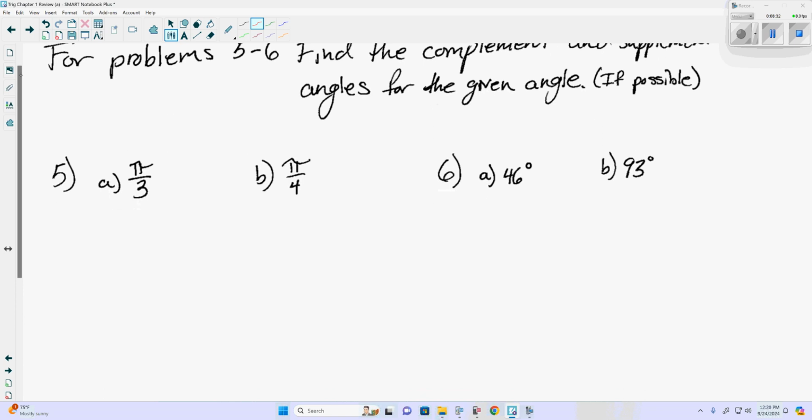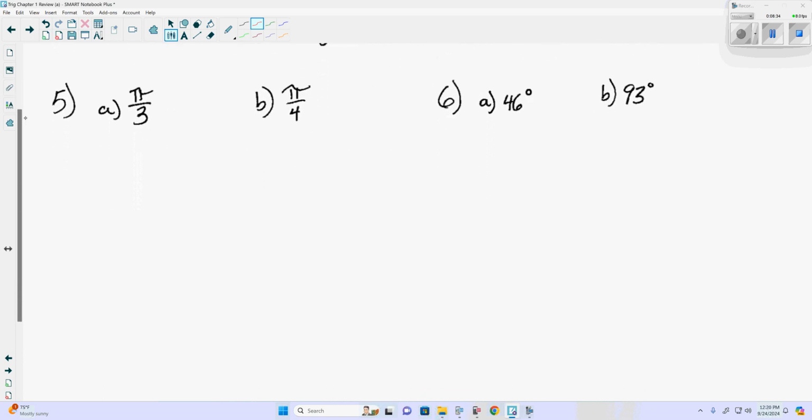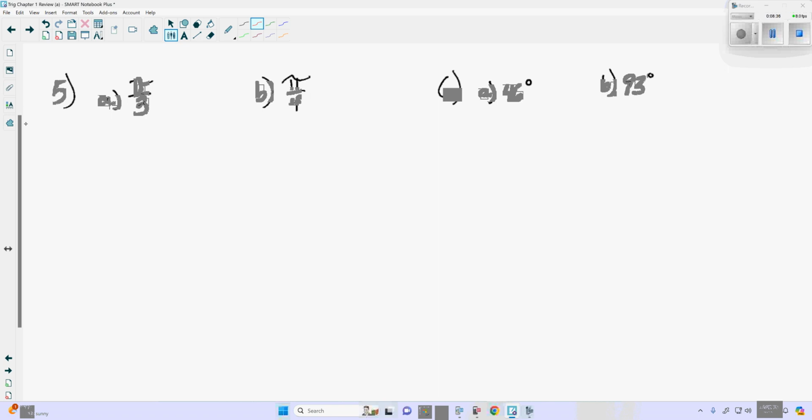5 through 6. Complement and supplement. We'll do one of each, one in degrees, one in radians. With number 5, you want to do A or B? Okay. Pi over 3 for the complement. Complement, it and the other angle have to add together to be pi over 2.